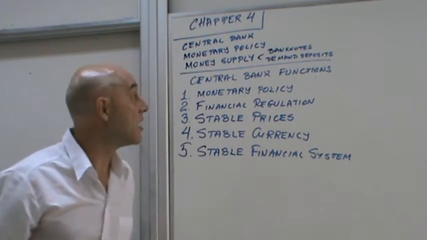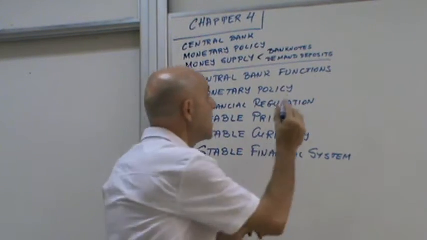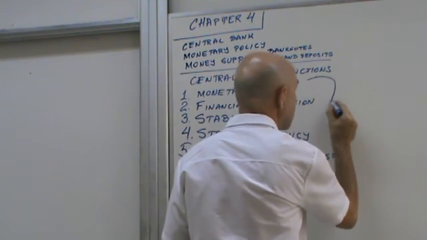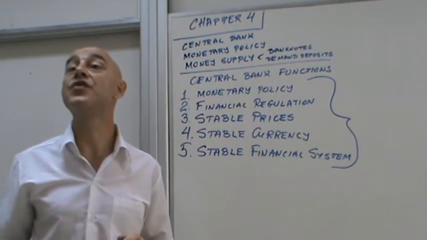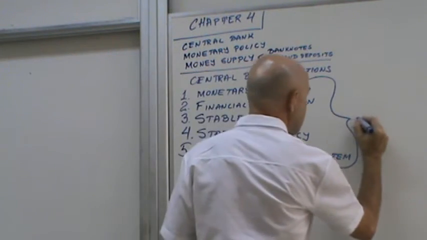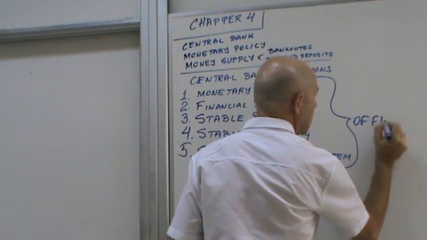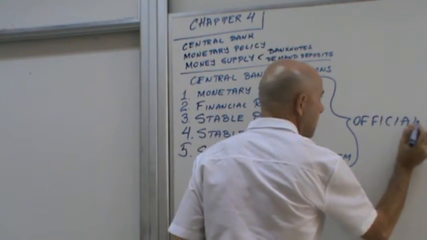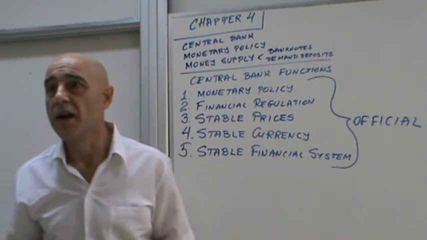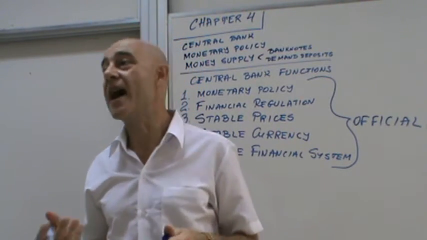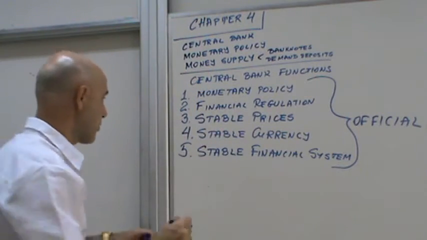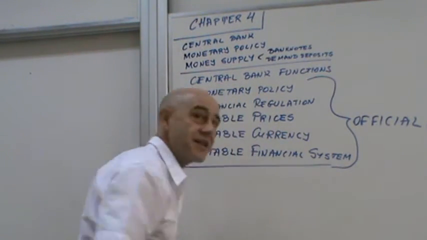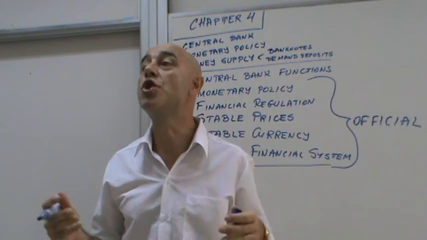Now, these are the so-called declared or official functions. This is what textbooks say, and now there is the truth, right? The truth is that the central bank has goals.